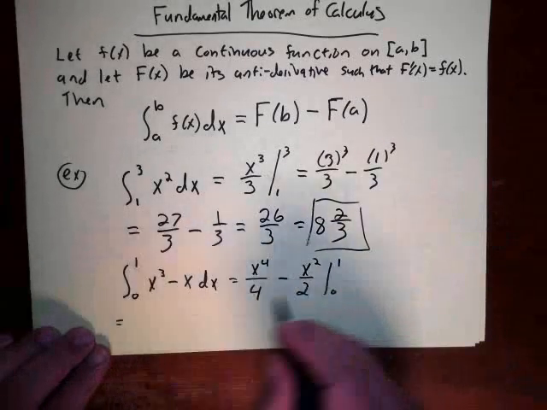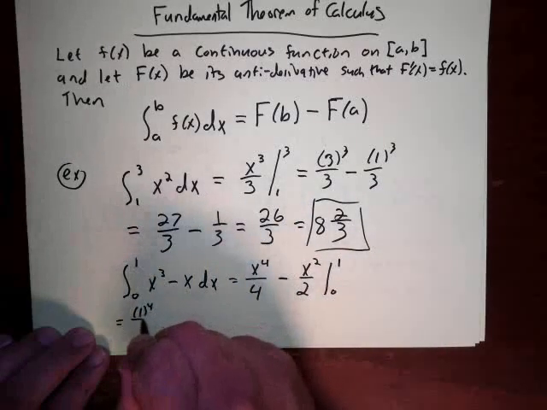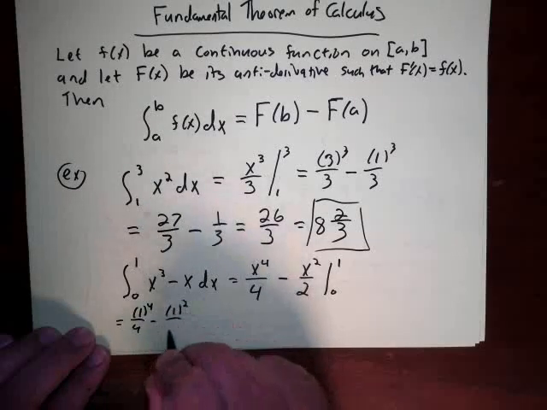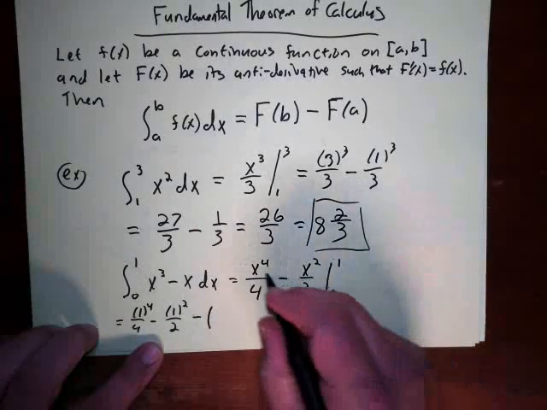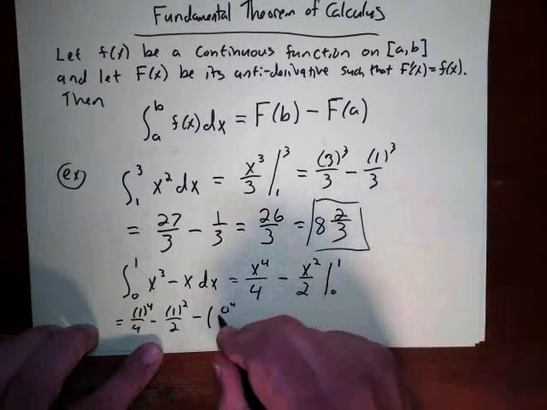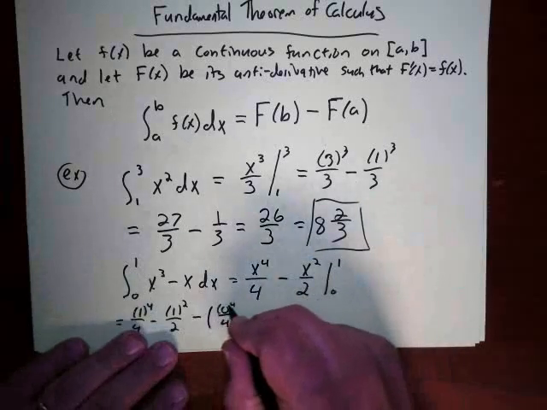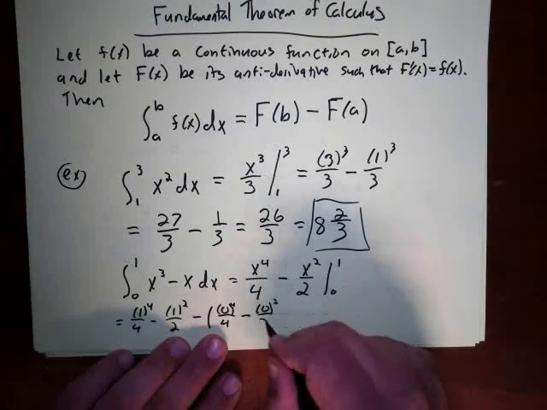Putting in 1 into this, I get 1 to the 4th over 4 minus 1 squared over 2. That's putting in 1, and then I subtract when I put in 0. I'm going to write it out just so you see what I have to do, even though this is clearly going to be 0: 0 to the 4th over 4 minus 0 squared over 2.